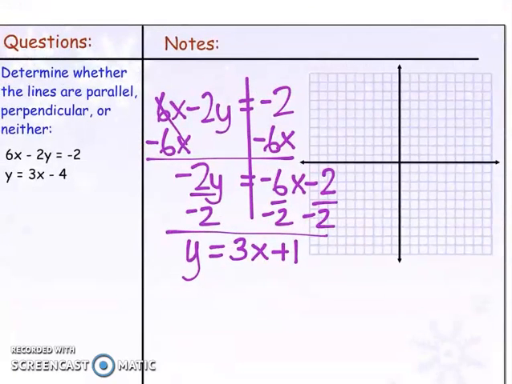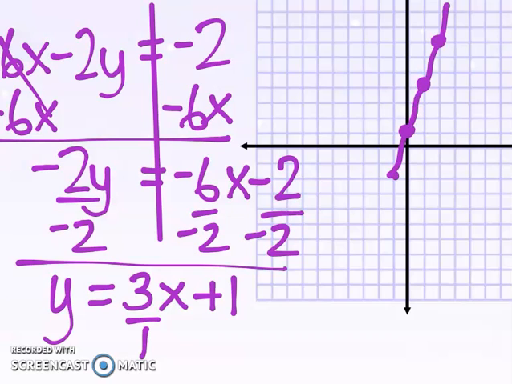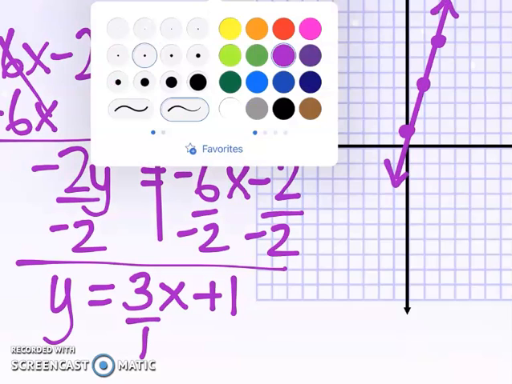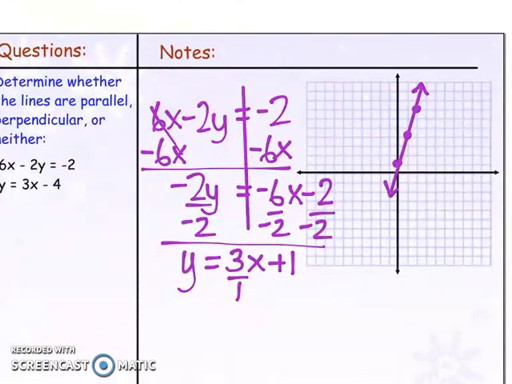Okay, so my purple line, y equals 3x plus 1, I'm going to show you on the graph what it would look like. I start at 1, and I go up 3 over 1 for my slope. So here's my purple line. Okay, and then my other line is already in slope-intercept form. So I'm going to graph this one in red. This one starts at -4.